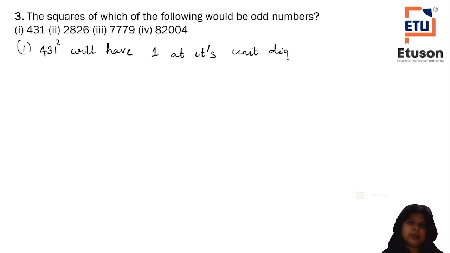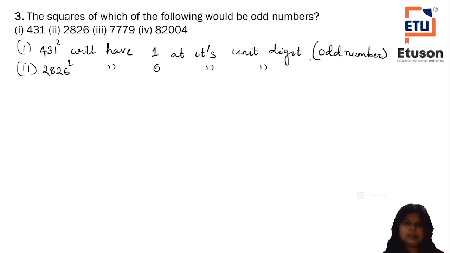Because 1 square is an odd number, right? If it has 1 at its unit place, it is an odd number. 2826 square will have 6 at its unit digit, so it is which kind of number? If it has 6 at its units place, it is an even number, correct or not?